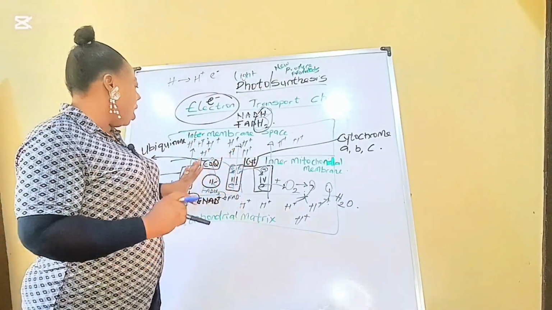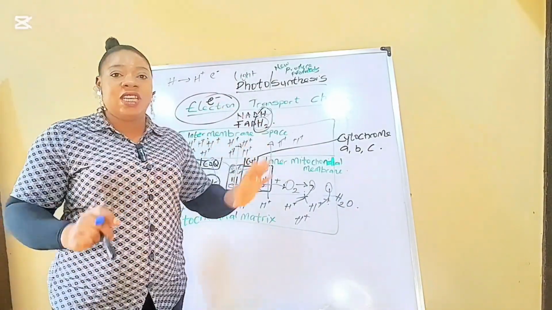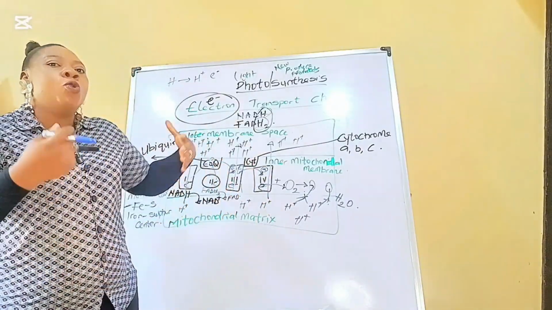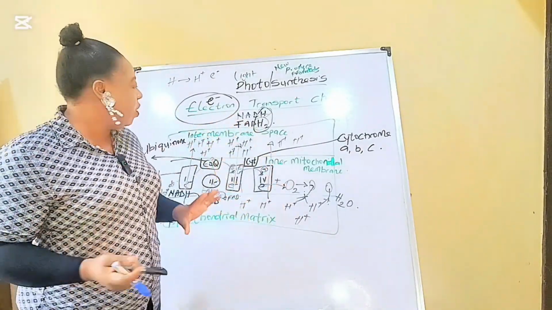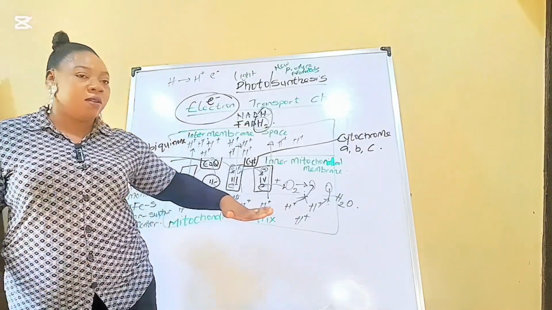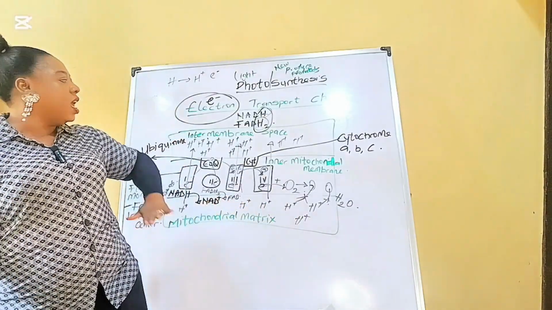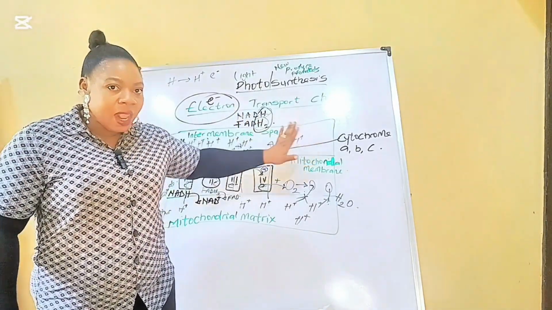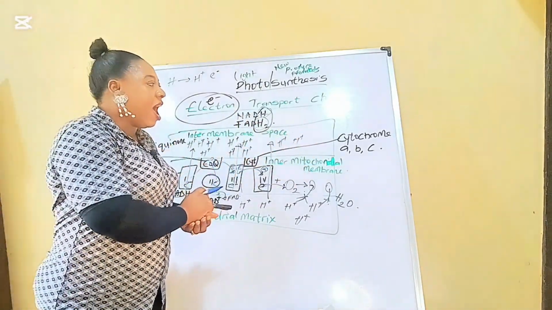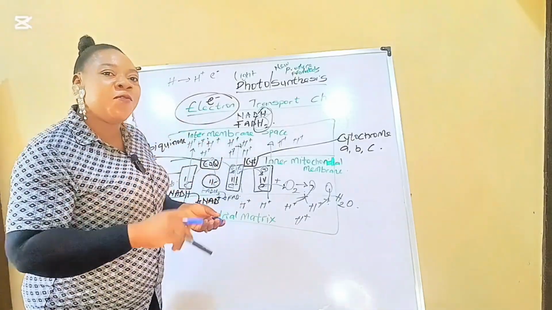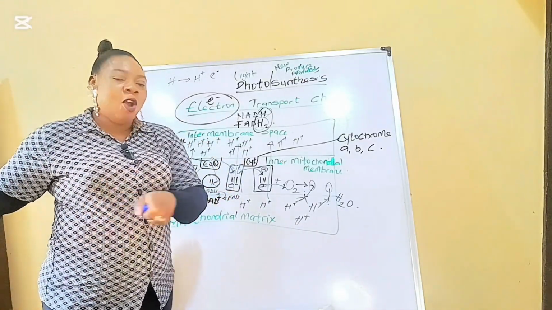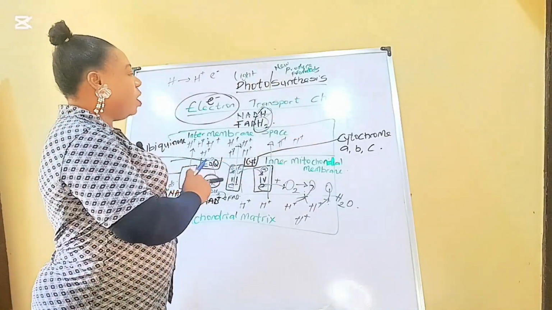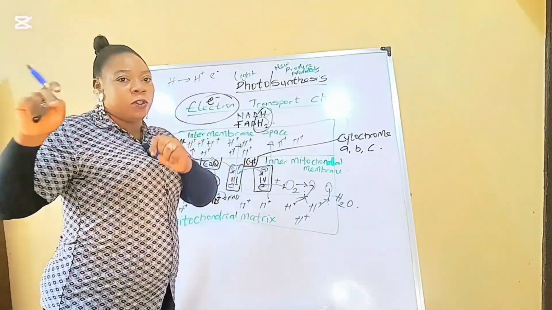The product that the electron transport chain gives us is water, but it also helps us to build proton gradients, which are the protons that were transferred from the mitochondrial matrix into the intermembrane space. I hope you understand this now. This will lead us to oxidative phosphorylation. We started with the electron transport chain, which will now lead us to oxidative phosphorylation.